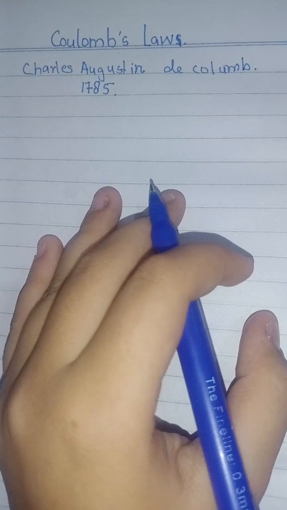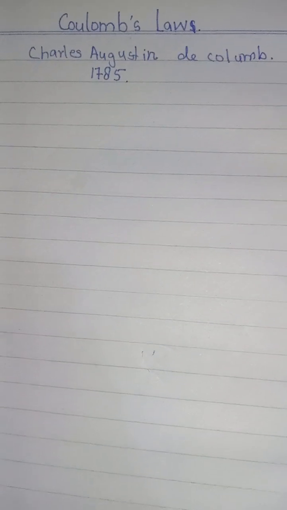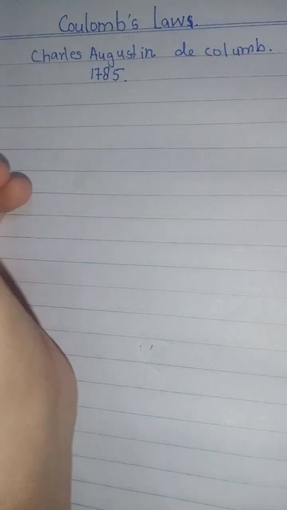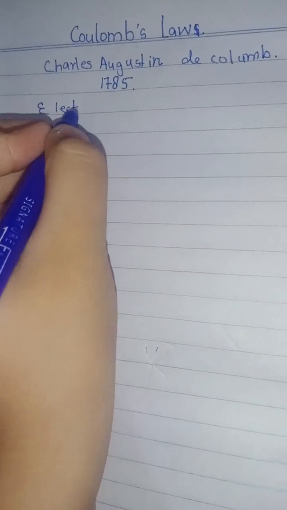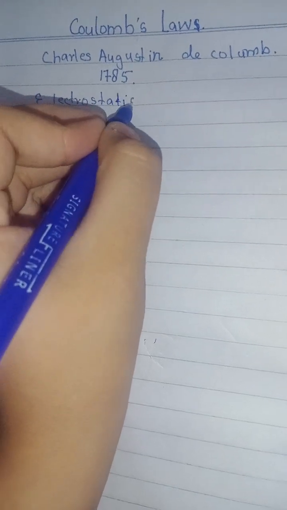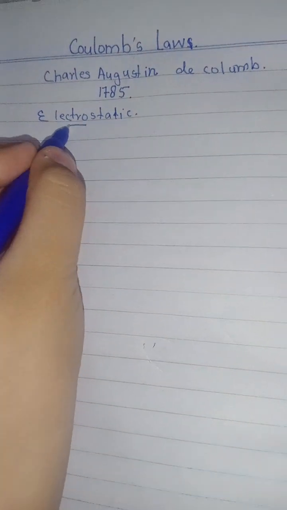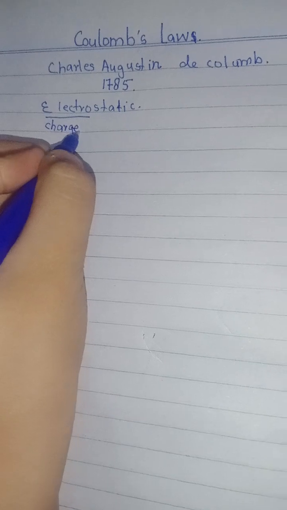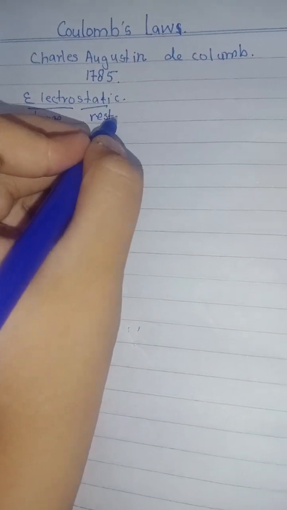So what does Coulomb's law tell? First of all, for discussing Coulomb's law, you have to know what electrostatics and electrodynamics are. Here, electro means charge and static means rest: the charges which are at rest.